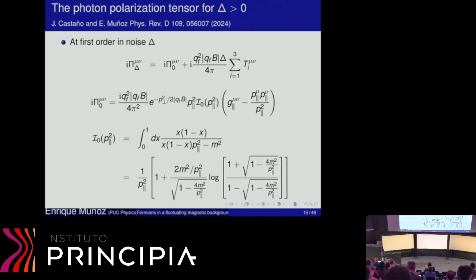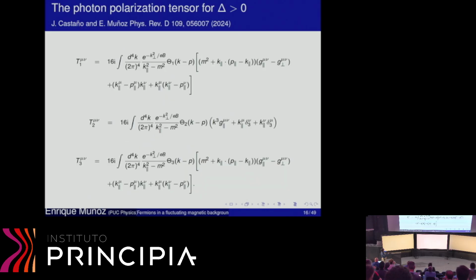But then the noise-dependent part, which is the second term, arises from 3 tensor structures that have to be computed separately. So these are the 3 tensor structures computed in the approximation of the lowest Landau level. These θ1, θ2, θ3 are the functions I just quoted in the previous slide.